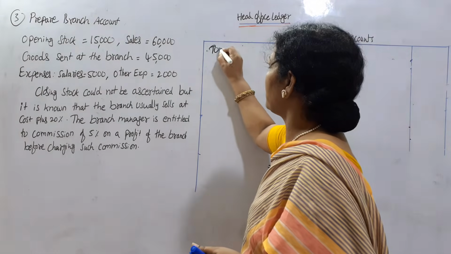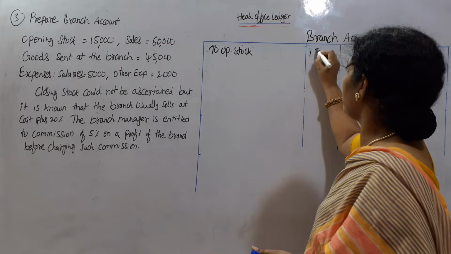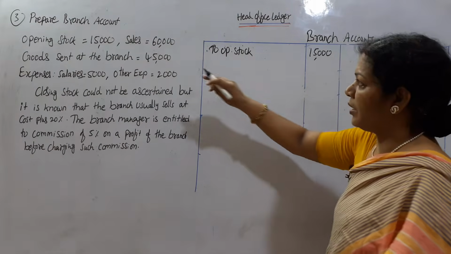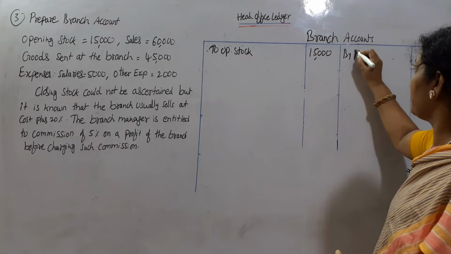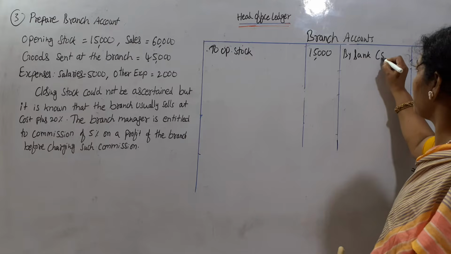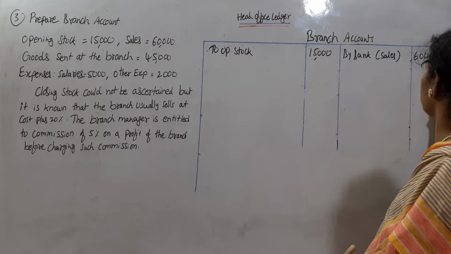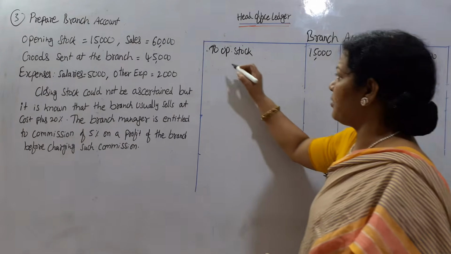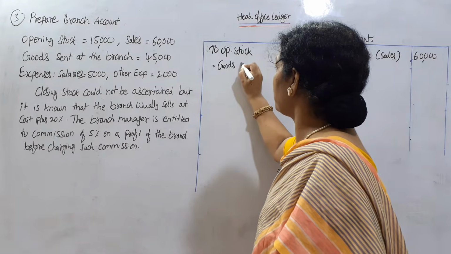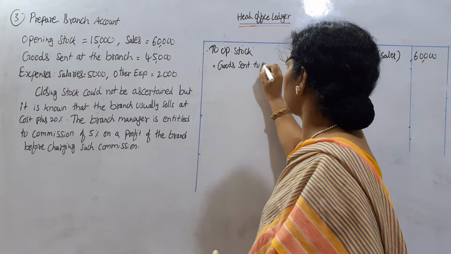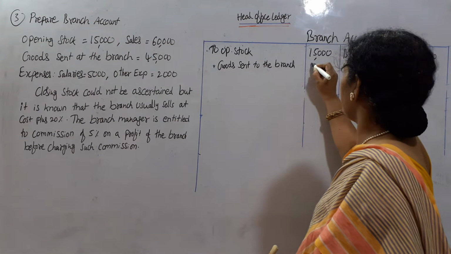To opening stock 15,000, and sales means by bank will write. By bank, in brackets you can say sales. How much is it? 60,000. And goods sent to the branch, that's debit side. Goods sent to the branch, $45,000.